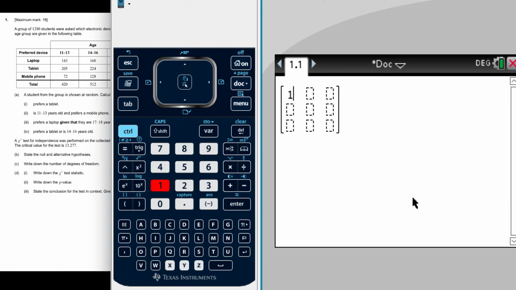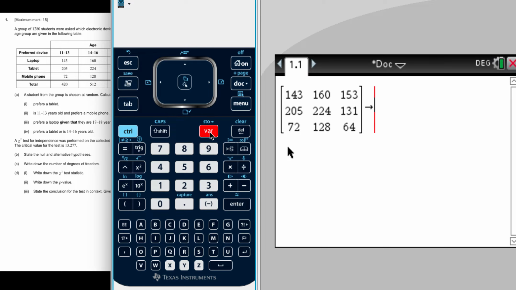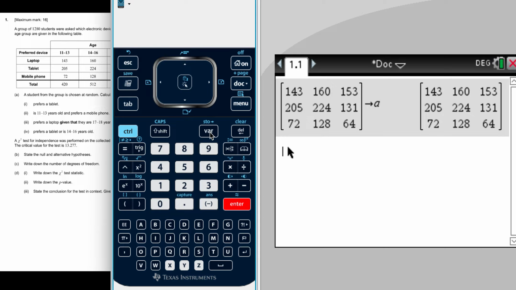The first column is 143, then 205, and then 72. Looking at the next column, which is the 14 to 16, it's 160, 224, and 128. And looking at the last column, 153, 131, and 64. I need to store that information into my GDC, so Control and Store, and I'm going to call that A. So every time I type A, it comes up.